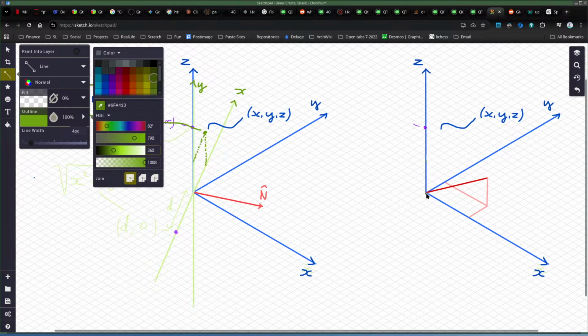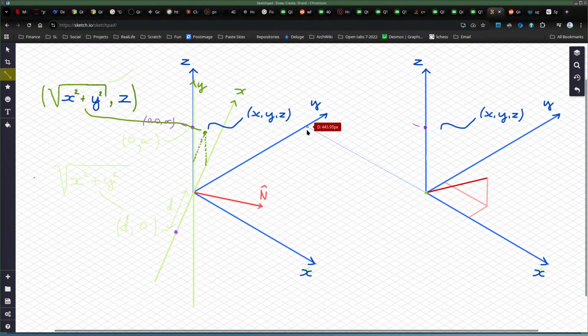For example, in this case, imagine this line is in the XY plane, then it's going to be something like this. Pretty much, I think.